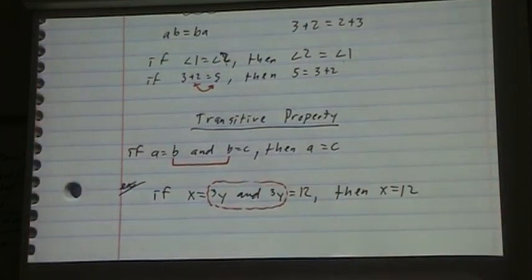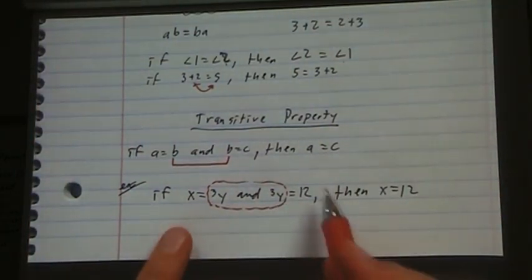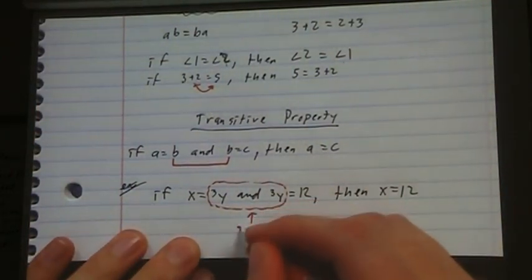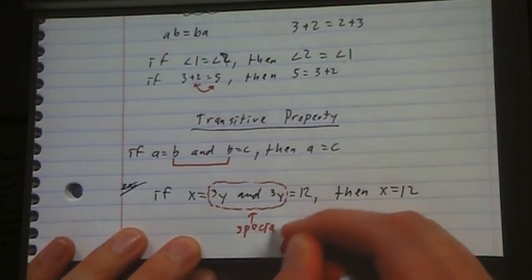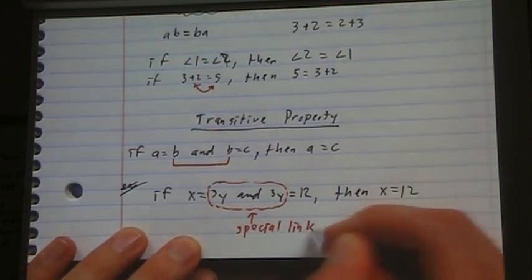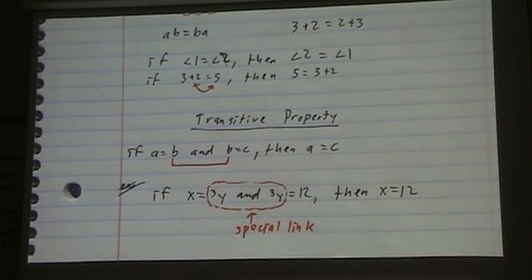You have the exact same thing in the middle so you can connect the ends. You must have a special link. The middles must be the same to use transitive property. Transitive property is really like a unique substitution property situation.